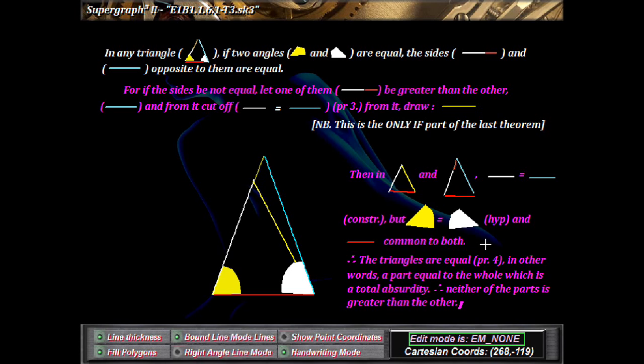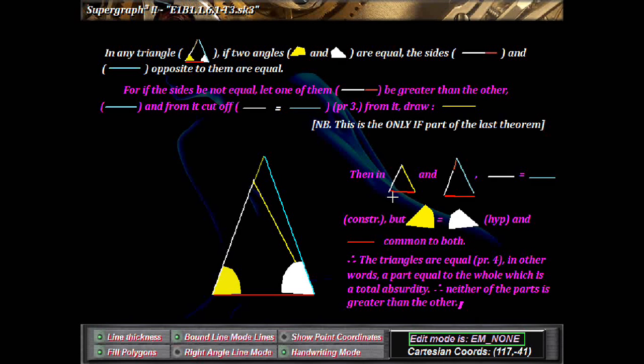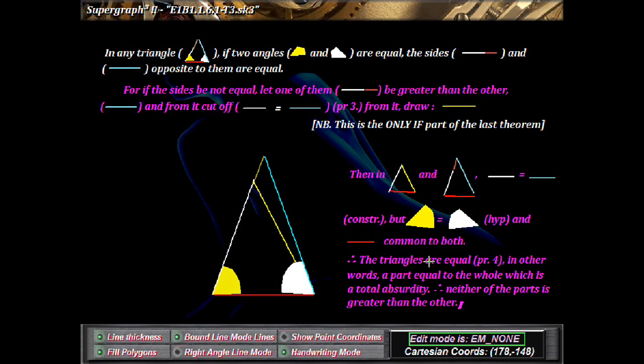And by problem 4, and having equal angles, what we have is this angle the same, red common to both.